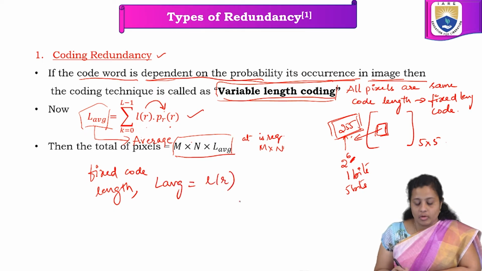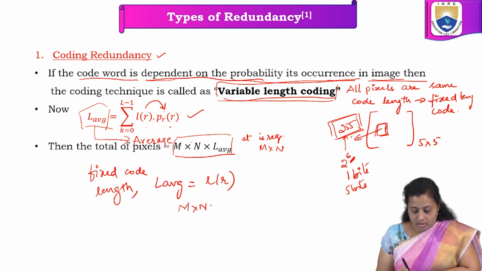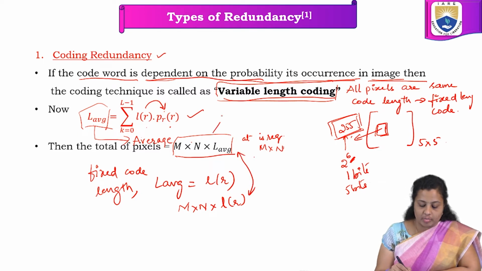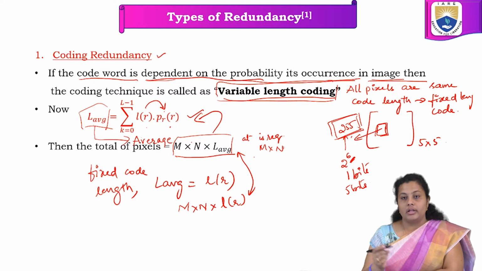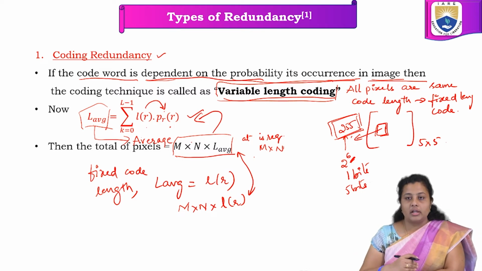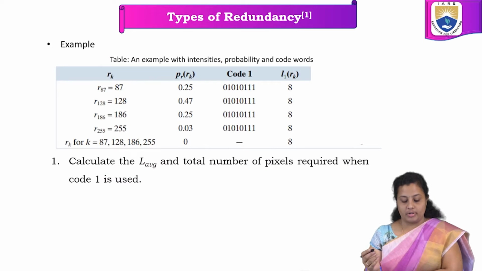So the total number of bits required to represent the whole image was M cross N cross L of r. Now it is M cross N into L average, which is dependent upon your probability as well as your code length. To understand it better, let's go for a small example.